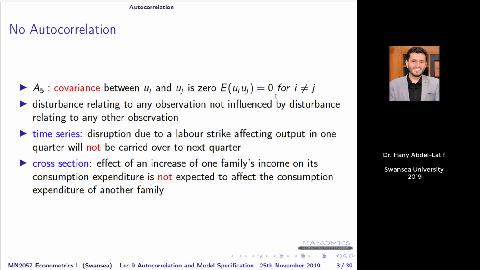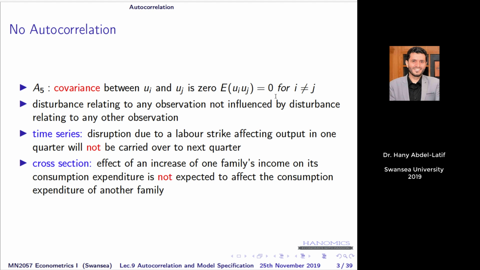So we talk about T and T plus 1, now and the next period. In cross-section data, if we imagine the effect of an increase in families' income on their consumption, this shouldn't have an impact on the consumption of other families. So this is the ideal case, when we don't have autocorrelation.